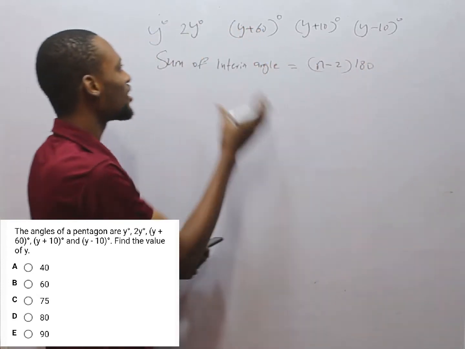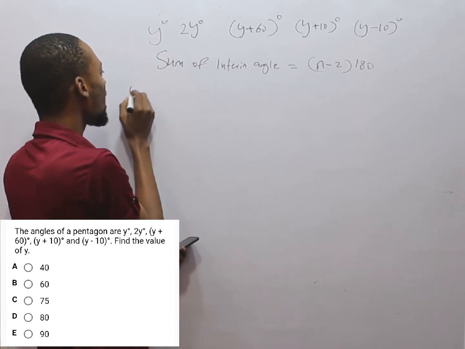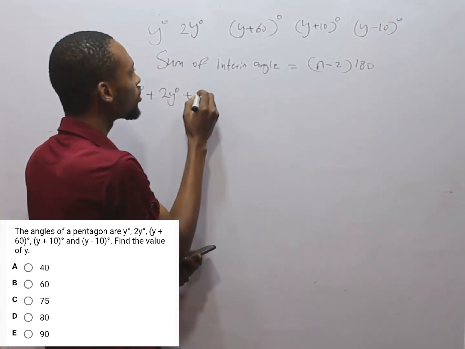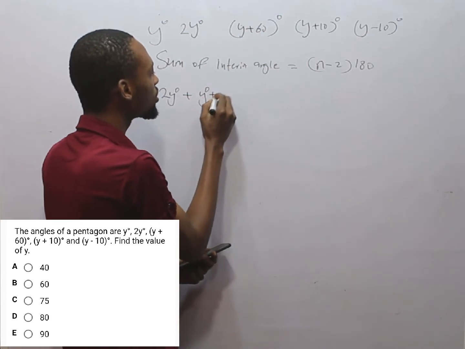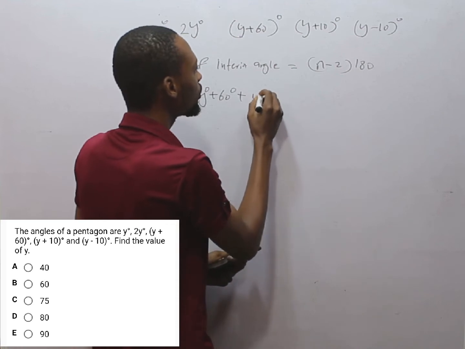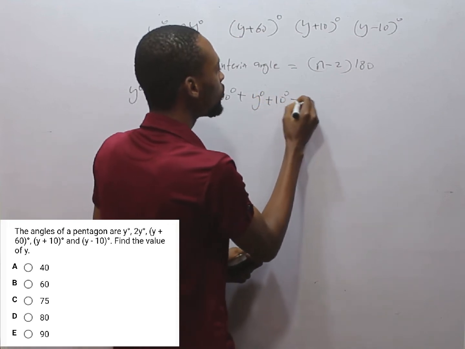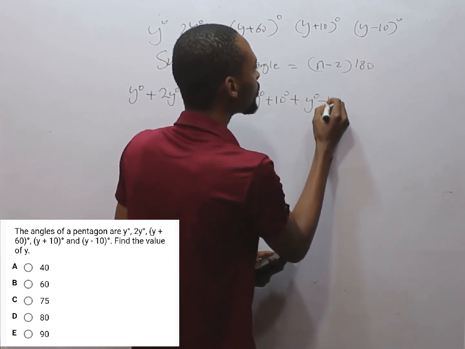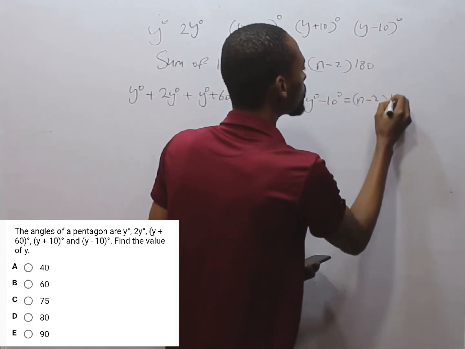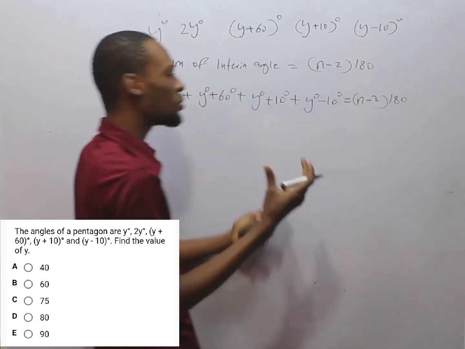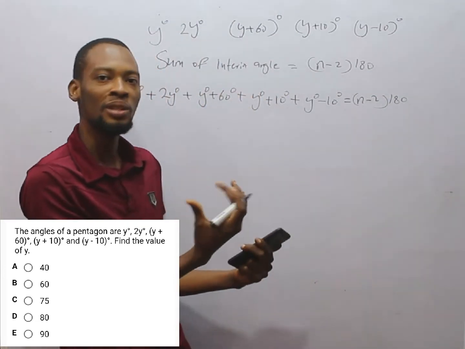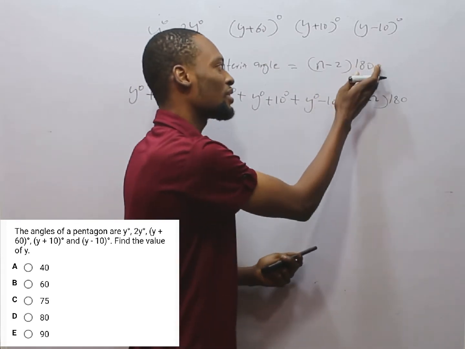This implies that the sum of these angles, y degrees plus 2y degrees plus 2y degrees plus 60 degrees plus y degrees plus 10 degrees plus y degrees minus 10 degrees, is equal to n minus 2 times 180. So it makes a lot of sense.